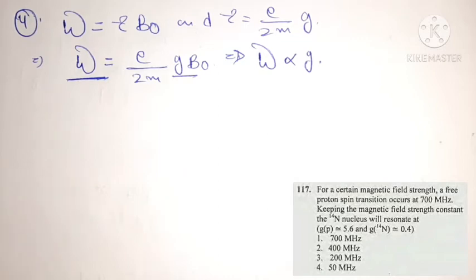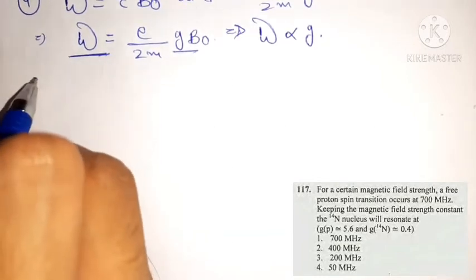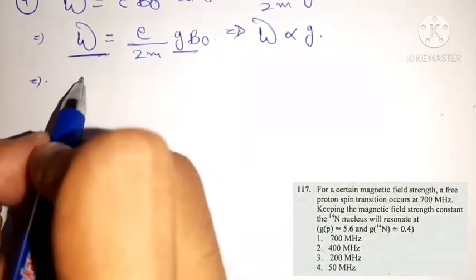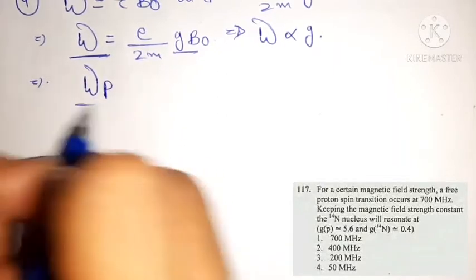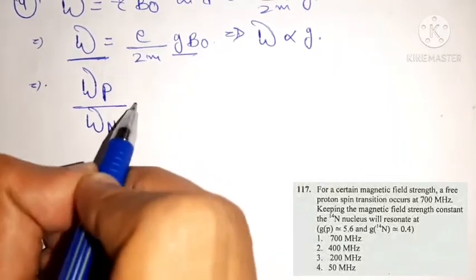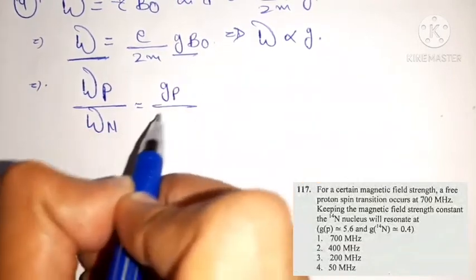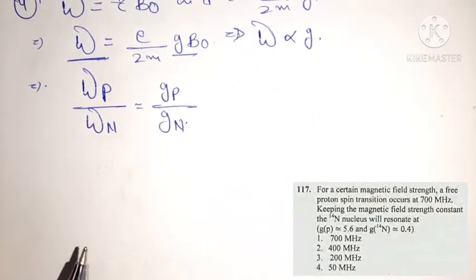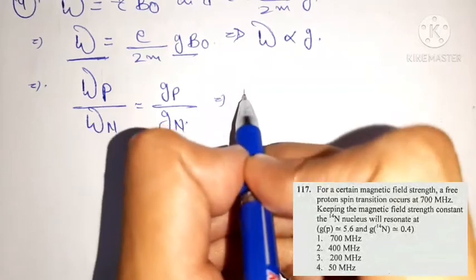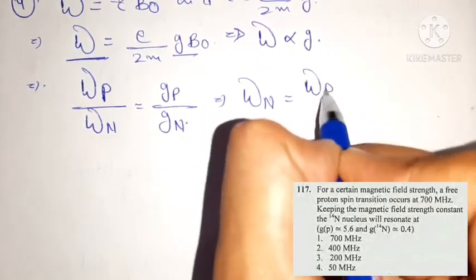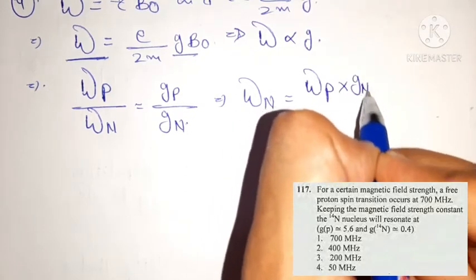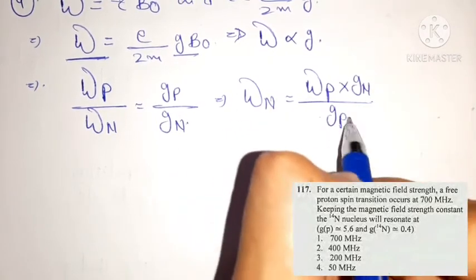So the ratio of resonating frequency of proton and 14N will be equal to G value of proton upon G value of nitrogen. So resonating frequency of nitrogen will be equal to resonating frequency of proton into G value of nitrogen upon G value of proton.